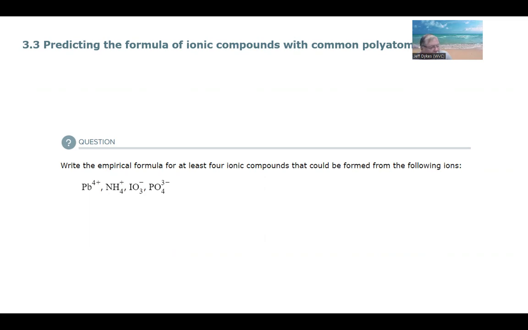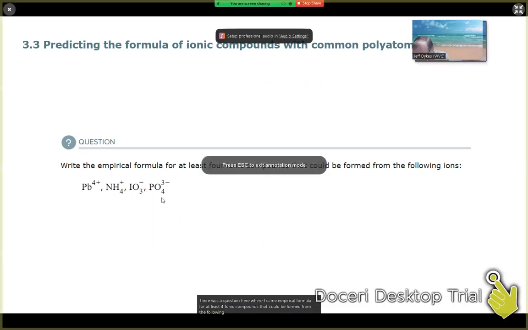So if we look at the first question here, we'll write the empirical formula for at least 4 ionic compounds that could be formed from the following ions. So ionic compounds are going to be with a positive ion and a negative ion. Okay. So we have 2 positive, 2 negative.